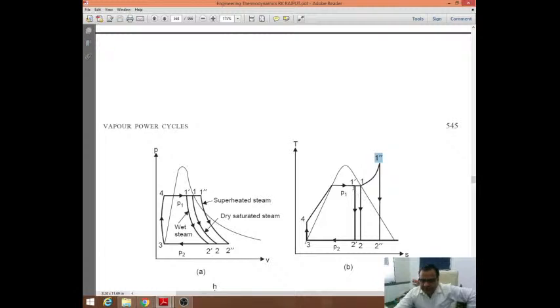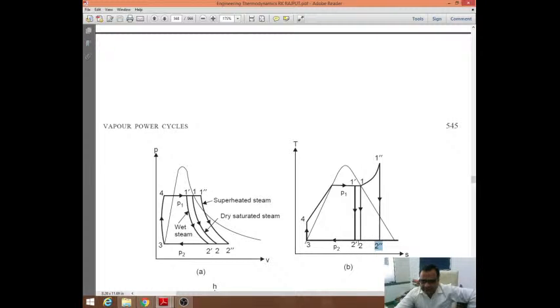And you can see that if you are expanding it from 1 dash to 2 dash, or 1 to 2, and 1 double dash to 2 double dash, all these three processes are isentropic in nature, but the change is here. When we are reaching point 2 dash, the dryness fraction is less. At point 2 it is slightly higher, and at point 2 double dash it is the highest.